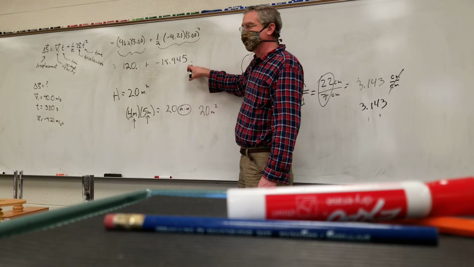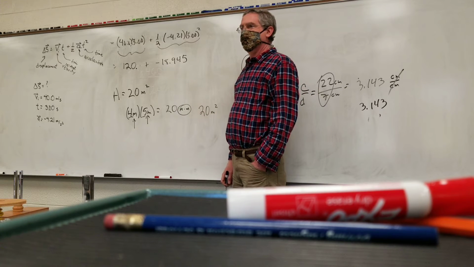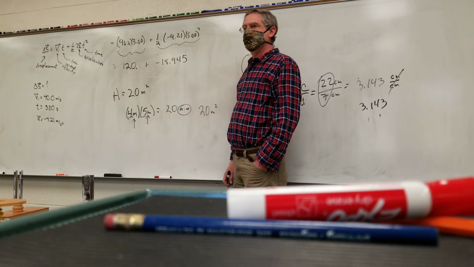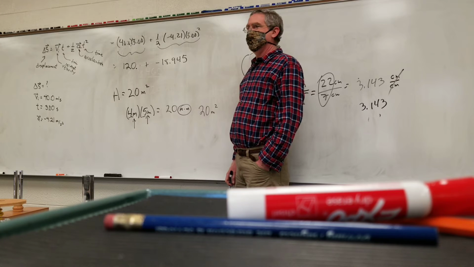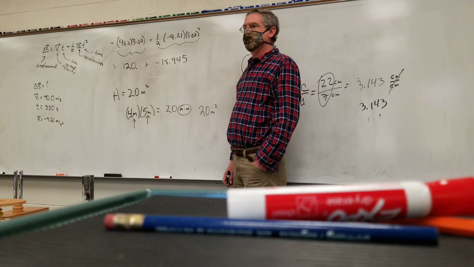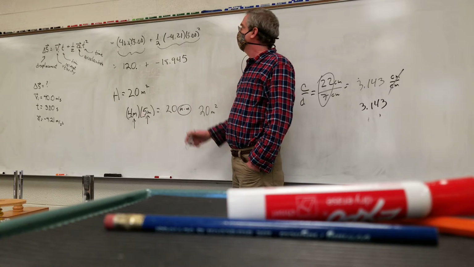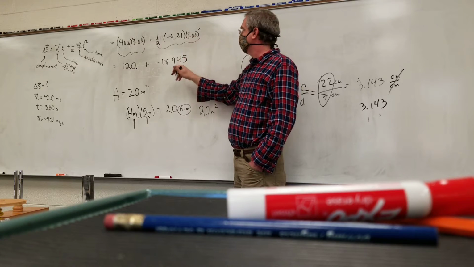Where does this significance end? Should just be three significant figures again, correct? Because the negative 4.21 has 3, and the 3 has 3, so it should end around 0.9. So you're going there.